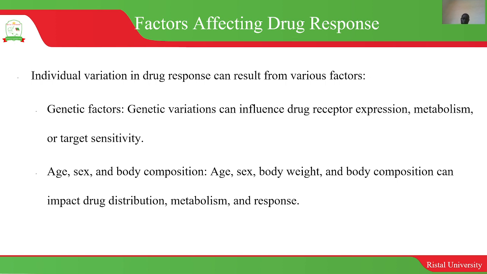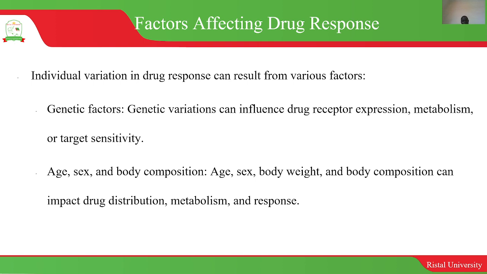Factors affecting drug response. Individual variation in the drug response can result from various factors. We have genetic factors: genetic variations can influence drug receptor expression, metabolism, or target sensitivity. Age, sex, and body weight and composition can impact drug distribution, metabolism, and response.